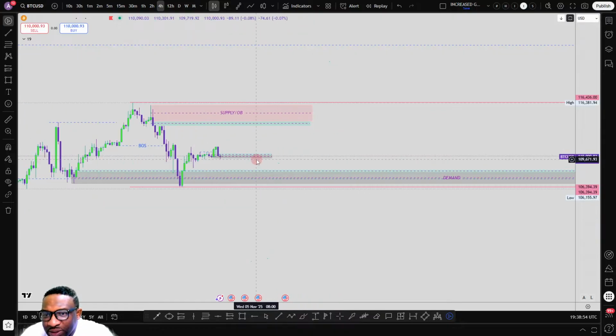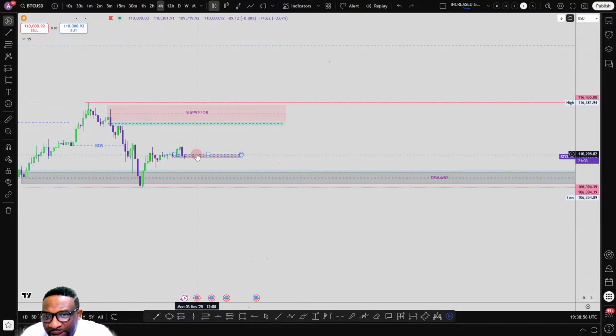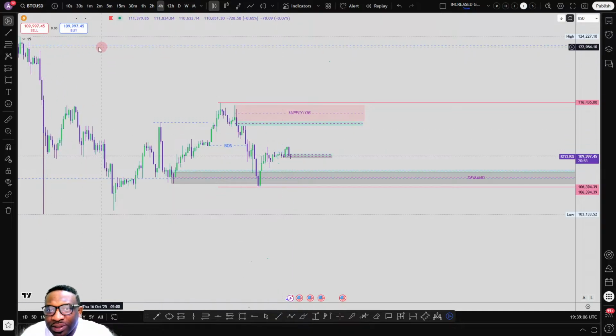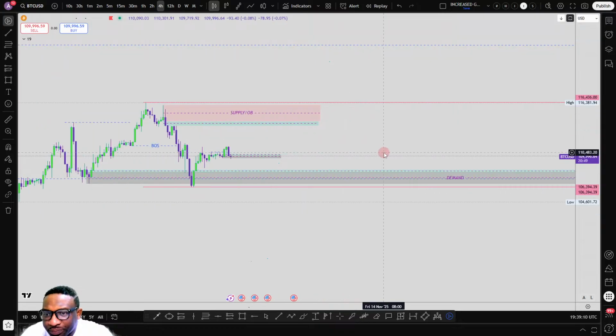So this is also a zone, an imbalance demand zone. So we could possibly be looking for a buy from here to this zone, and then ultimately to this high before we break out of this range.